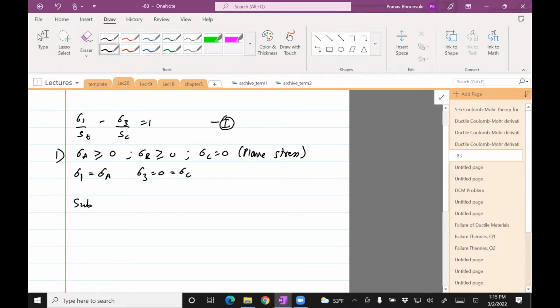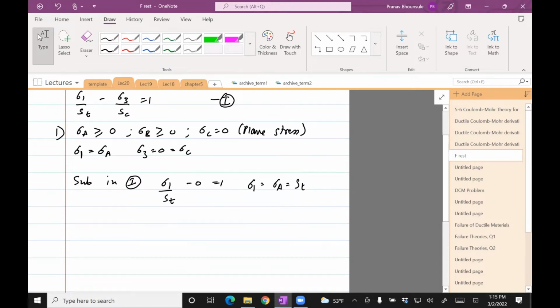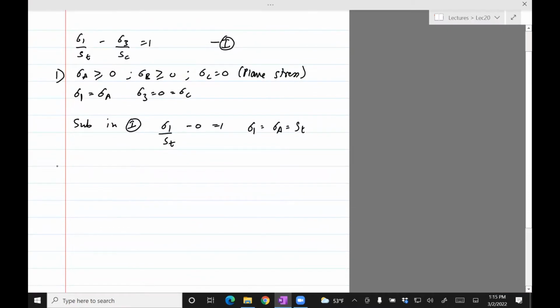Substituting in 1, we have sigma 1 divided by ST minus 0 equals 1, which means that sigma 1 equals sigma A equals ST. This is how you'll solve a problem: you identify sigma 1 and sigma 3 based on sigma A, sigma B, and sigma C.